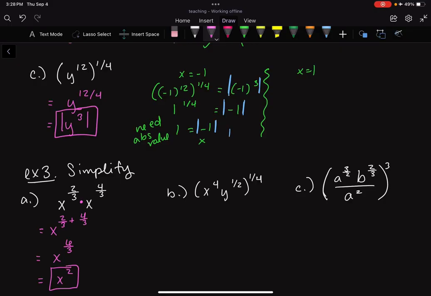Part B, this would be x to the 4th to the 1/4 power, and then y to the 1/2 to the 1/4 power. So since we're only split up by multiplication, I'm just putting everything with that exponent.